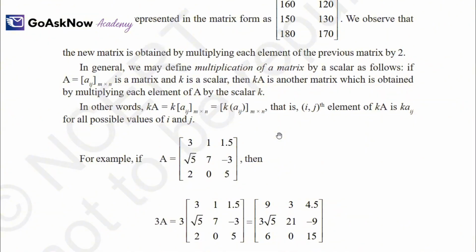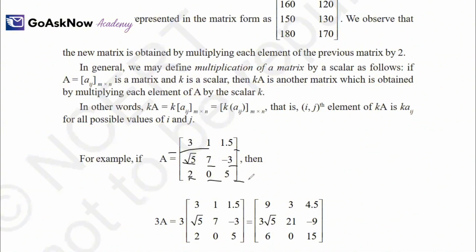For example, suppose A is the matrix with elements 3, 1, 1.5, root 5, 7, minus 3, 2, 0, 5. This is your A matrix, written by all these elements. Now you have 3A. To get 3A, you multiply each element by 3.